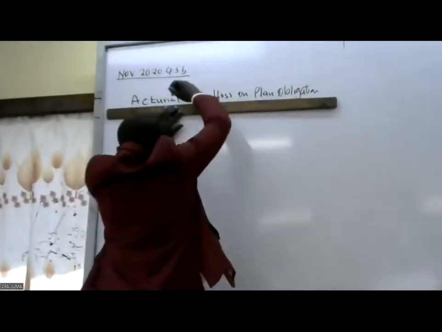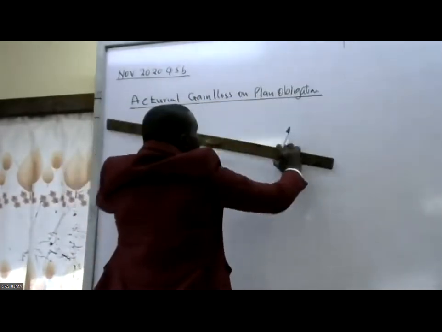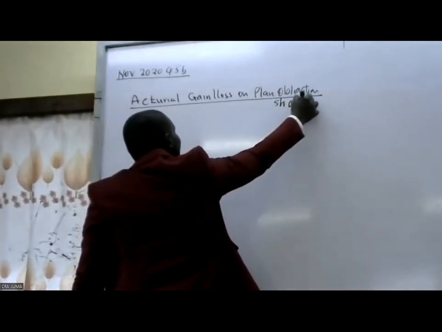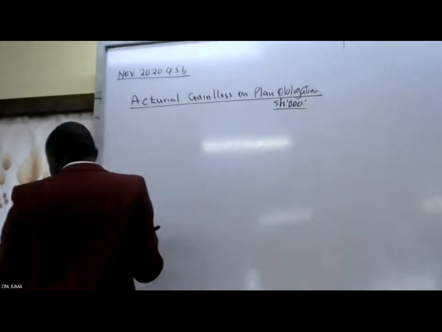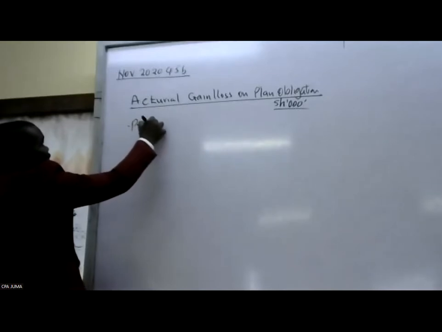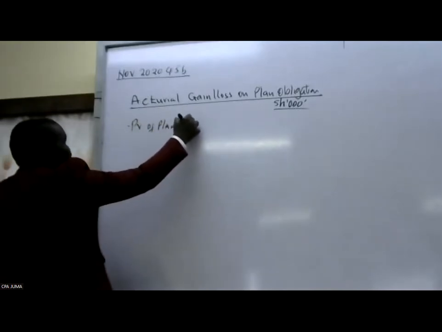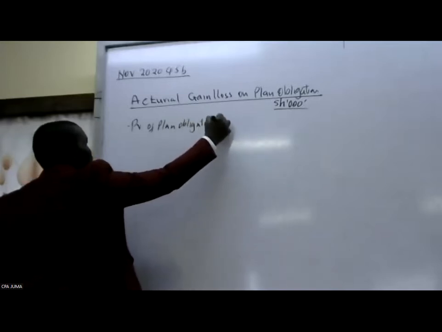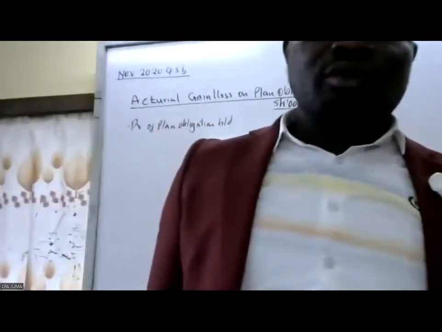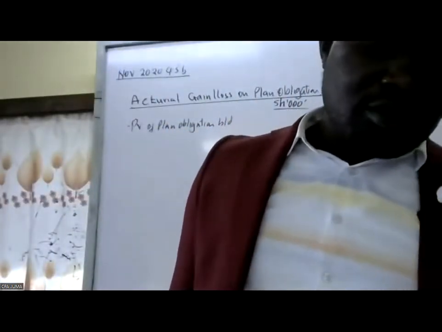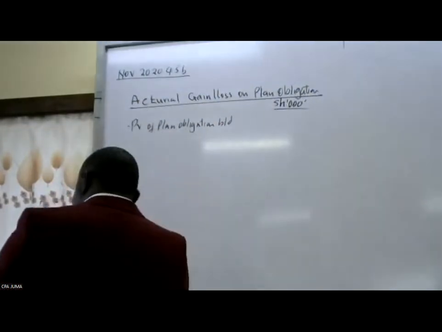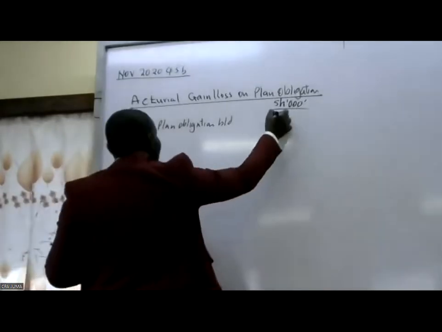Alright. So there we go. So this is the obligation, present value. Present value of plan obligation brought down: we are not given it.